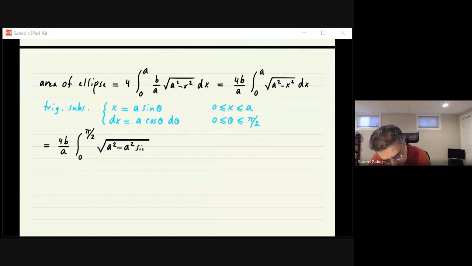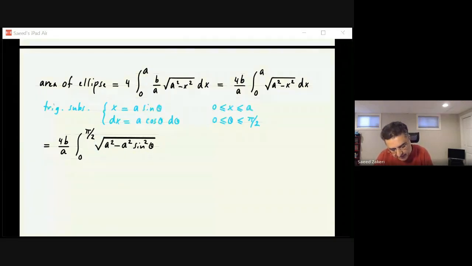Yes, thank you. Good. Okay, this step is something you should be able to do in your head. It's not really difficult, but this time I'm going to write it down. But every time you perform a trigonometric substitution, this happens.